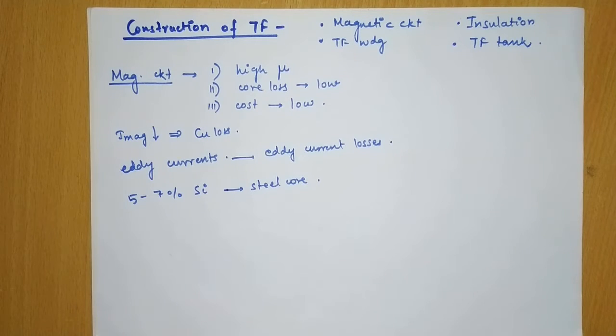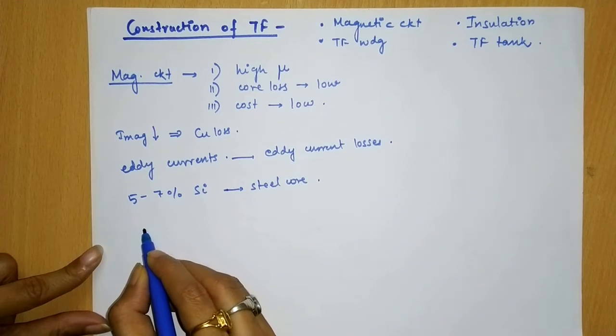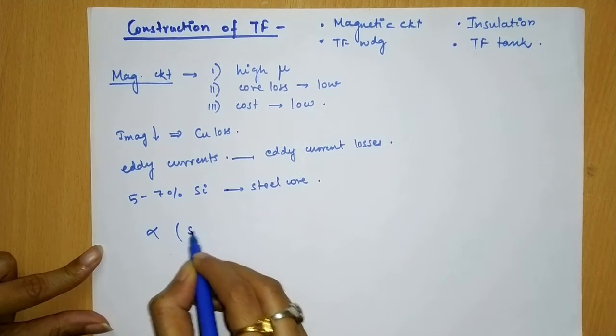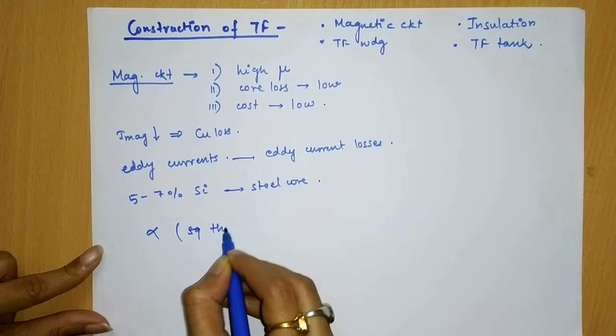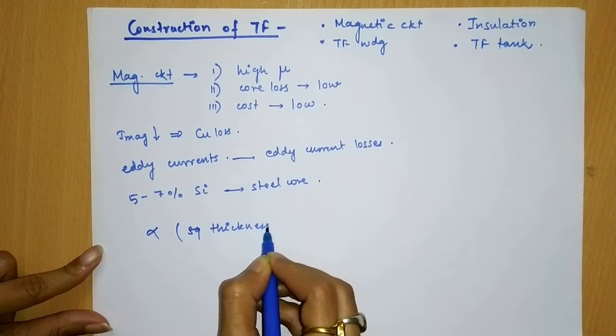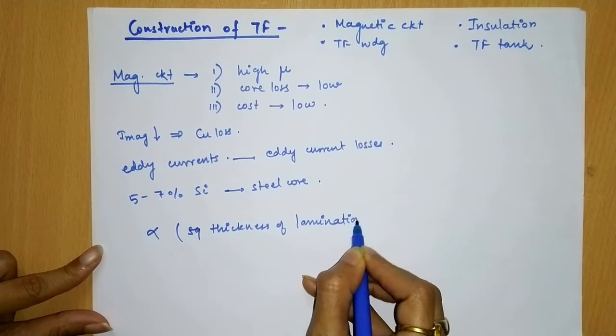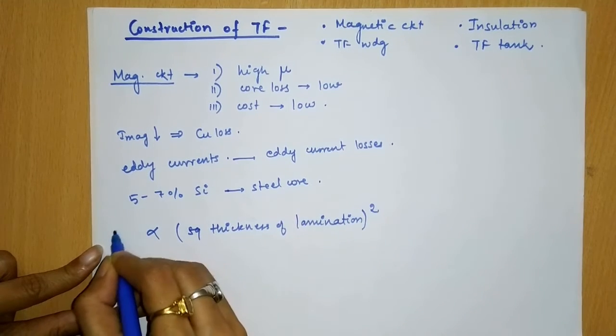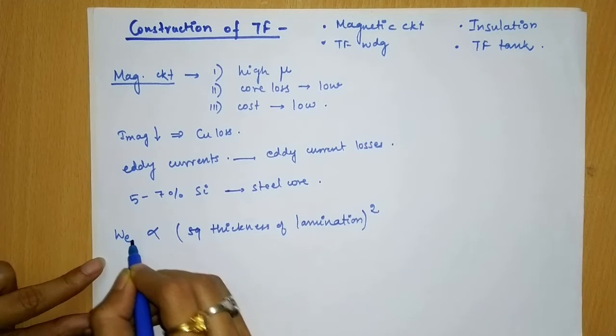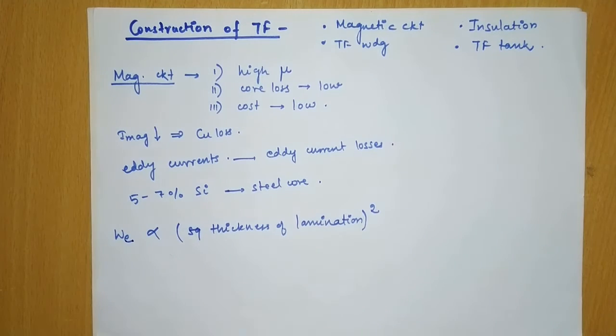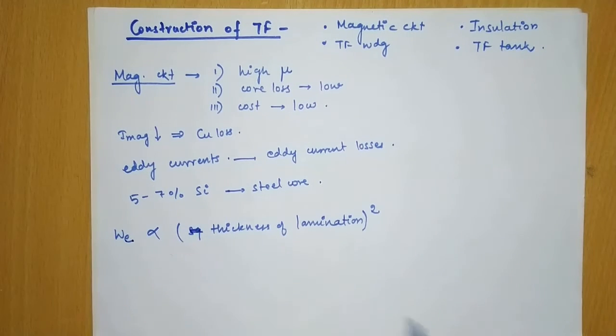Eddy current losses are proportional to square of the thickness of lamination. I am denoting eddy current loss by WE. It is proportional to thickness of lamination squared. Lesser the thickness, more the advantage we have.